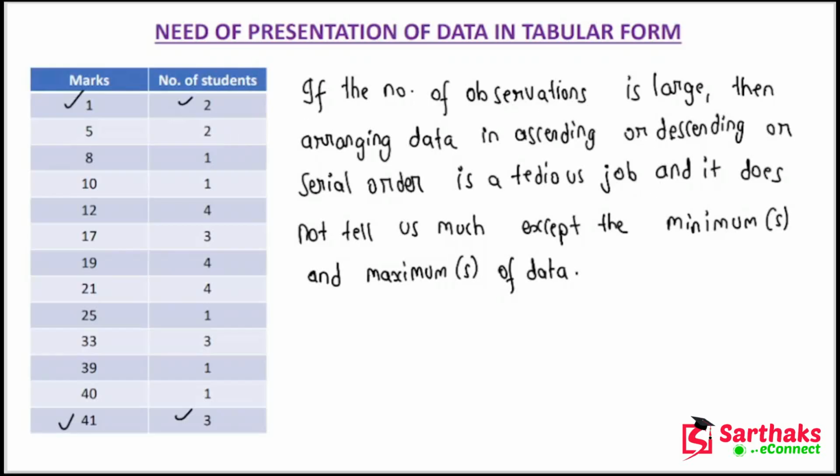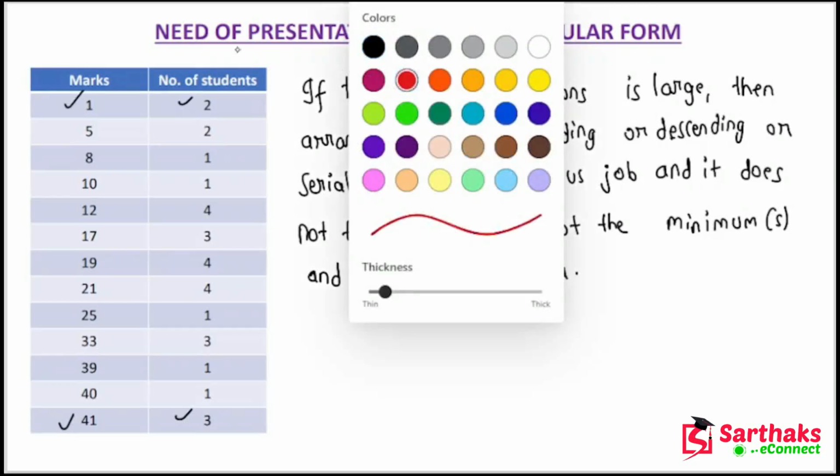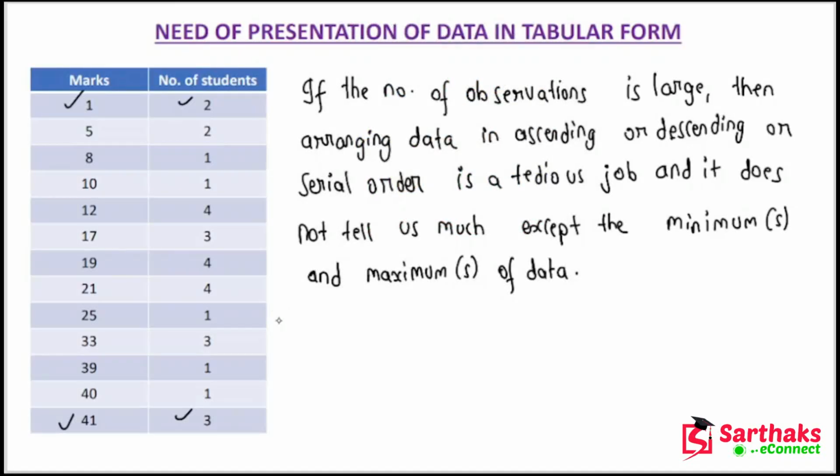That is why we have moved to tabular form. Now in the coming lectures we will talk about how we can improve this tabular form also. What are the frequencies, what are the frequency distributions, what are tally marks, and how can we represent them on particular graphs, right? So this was the reason. So at last we can say that we need tabular form to make it easily understandable and clear.